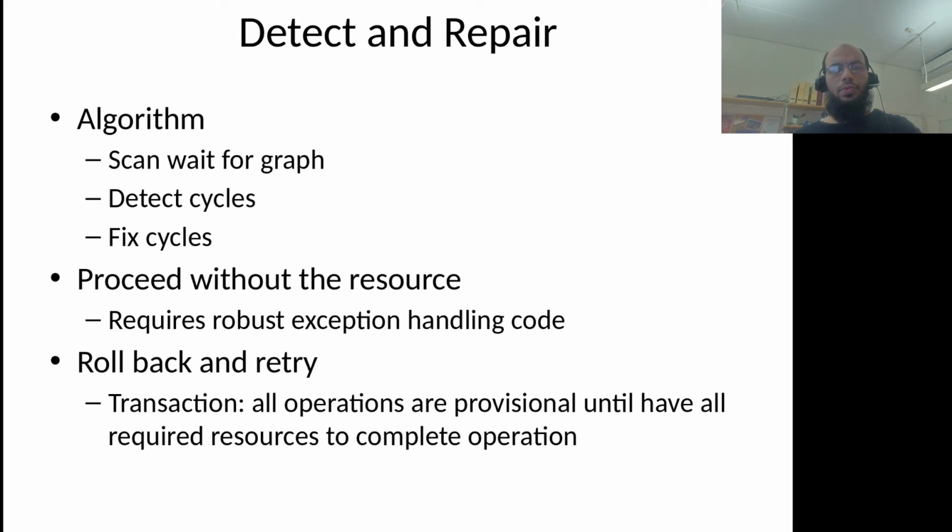The final way to manage deadlocks is to try to detect and repair. You basically shoot a thread to make sure that it gives up resources if you end up in a deadlock.